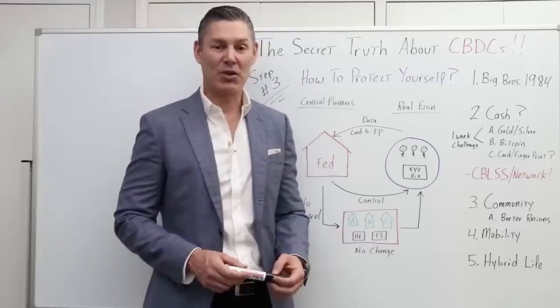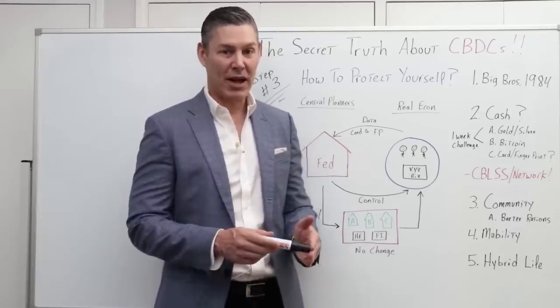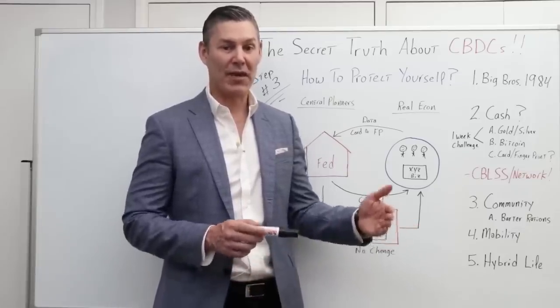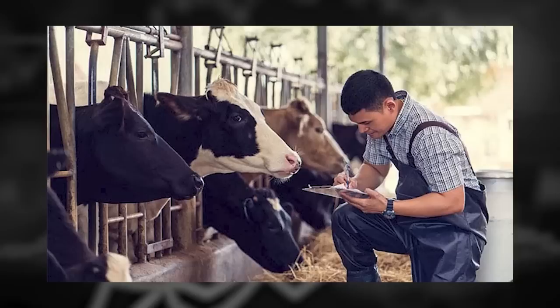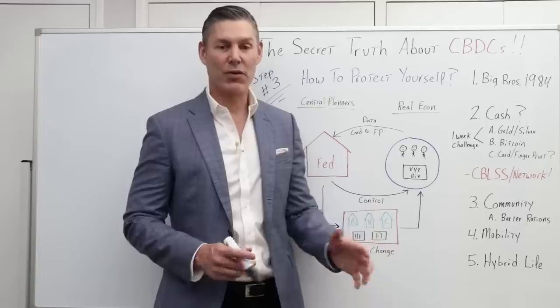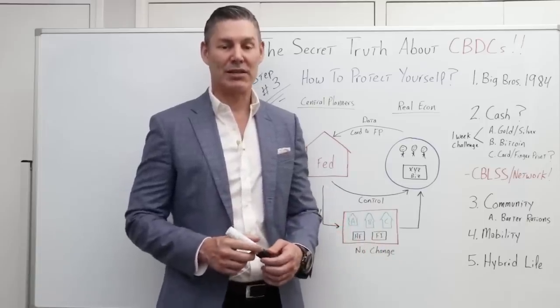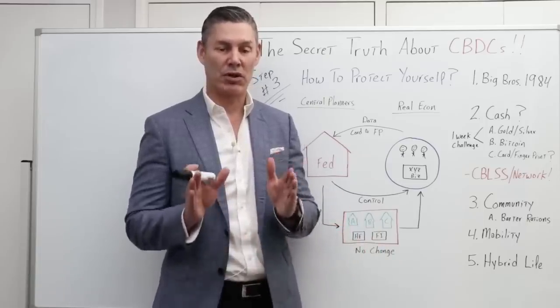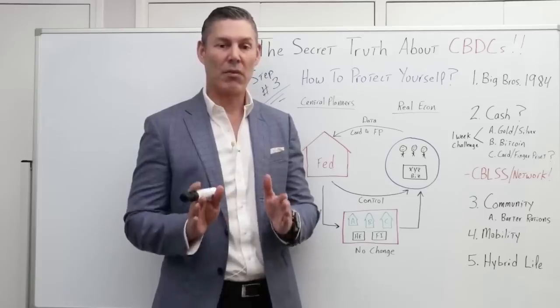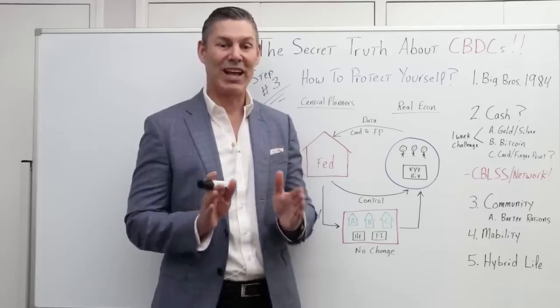Or if you're someone that enjoys beef, but you know that at a certain point going to the store is not going to work, then maybe you could grow your own cattle. You could have your own ranch or something like this. What I do is I create a list of things that are important to you that the government most likely won't like.